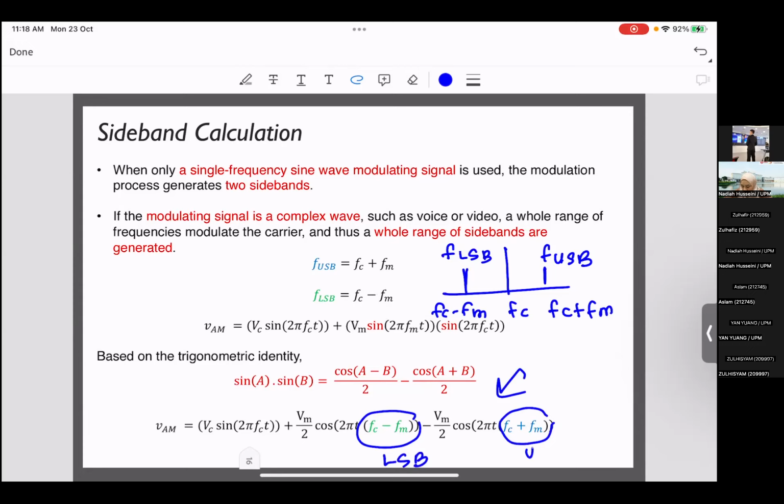And this is our upper sideband. Okay. And you can also see that the amplitude for the voltage is Vm over 2, whereas this one is Vc. Okay, if we were to change this in terms of Vc, we can use this equation.